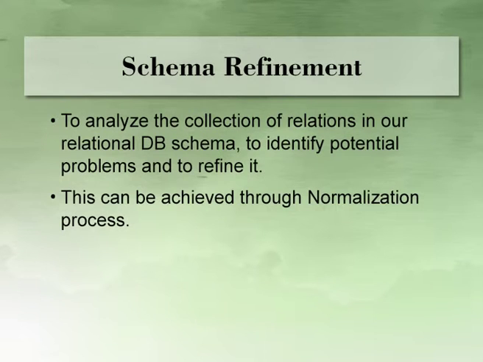Next comes the schema refinement phase. Schema refinement phase is nothing but we had done the ER modeling part and we had done the logical design part, and now we analyze the collection of relational DB schema and then identify potential problems, which should be refined. This can be achieved through the normalization process. So we had identified several relations, along with that we had identified the descriptions.